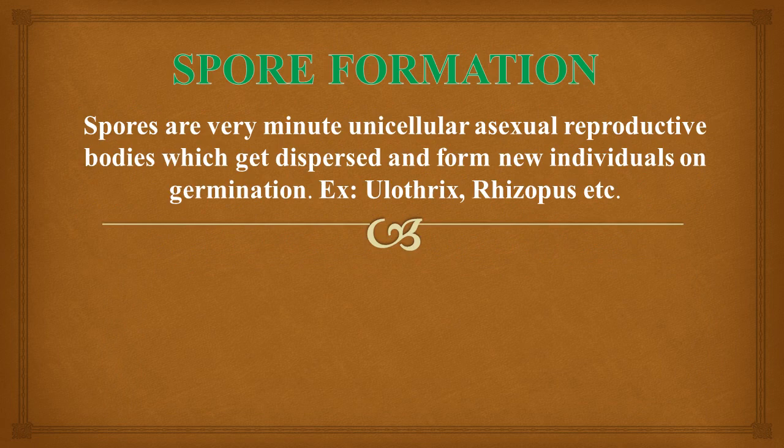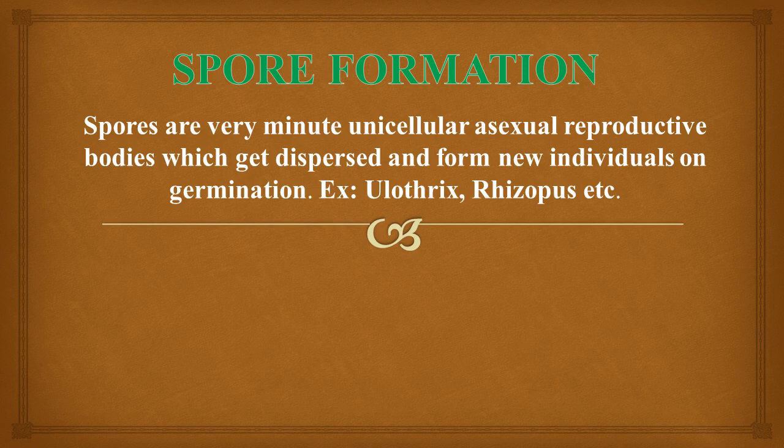Next very important method of reproduction is spore formation. This is another mode of reproduction we see in certain algae. Spores are minute unicellular reproductive bodies which are produced in certain algae, and they are stored in a particular structure called the sporangium. In the sporangium we can see the presence of spores.